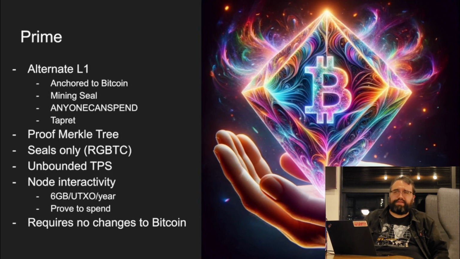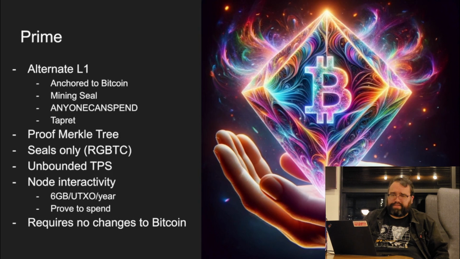We would like something more decentralized, or at least with better security guarantees and trust minimized. Yeah, trust minimized, that's a good way to put it. And so we like to think Prime could be a good candidate for that.